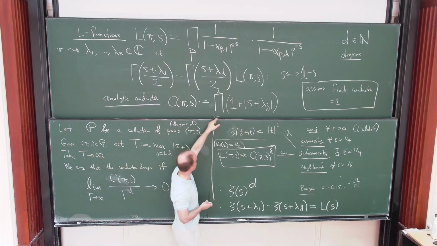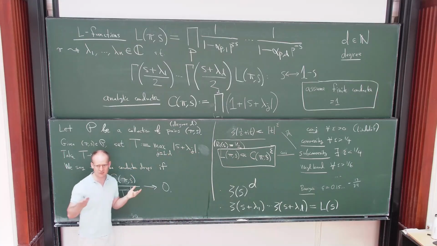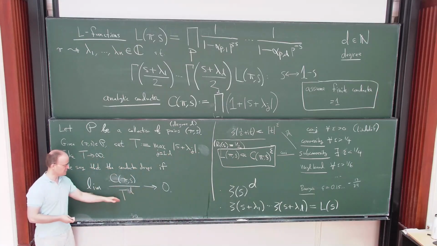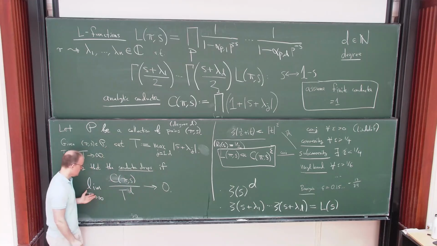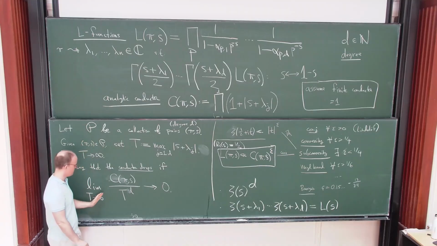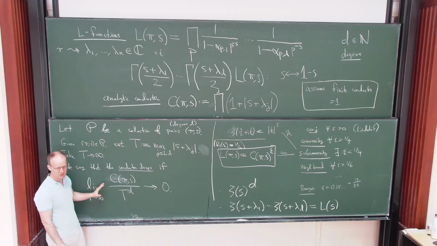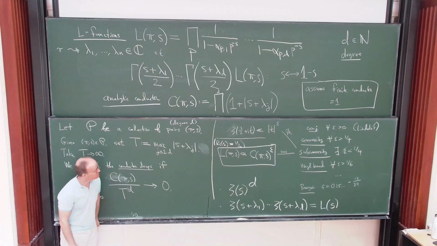So when you write down the definition of the conductor, you're multiplying together d numbers that are of the same size T, and so this ratio will stay bounded from below by something positive. So we'll say that's not the case if we can find a sequence in here, or take a limit if we want to be very precise, so that this goes to 0.